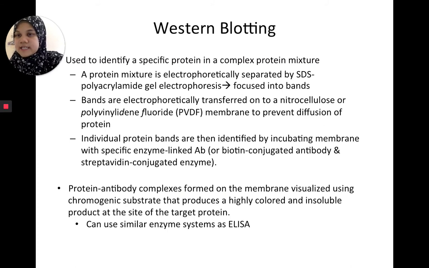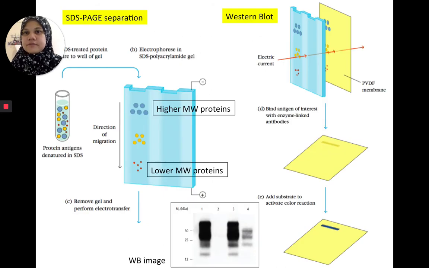And if the protein you're interested in is present, then you'll have a band show up when you visualize the membrane on a film. So you can use the same enzymes as you use for ELISAs as well, because this also uses the enzyme-labeled antibodies for the reaction.